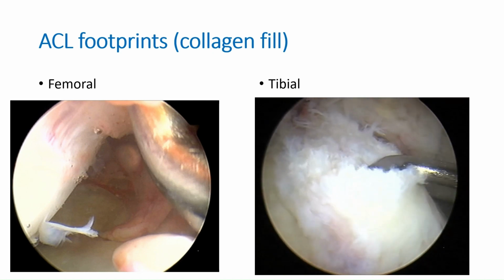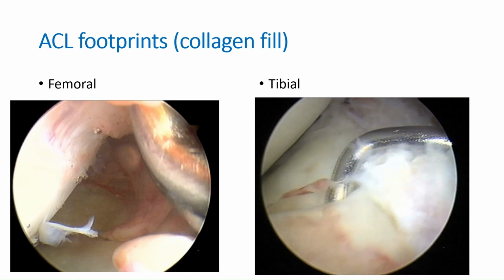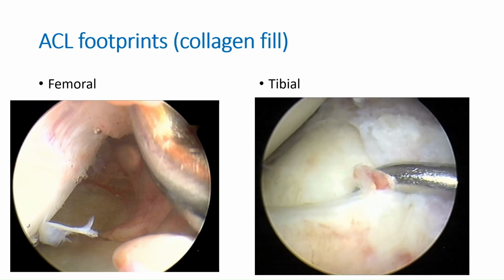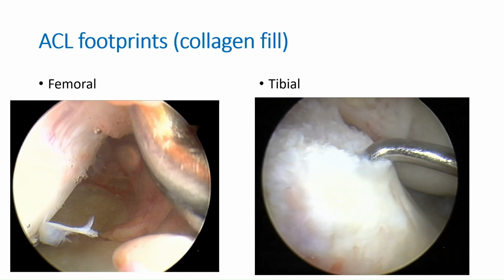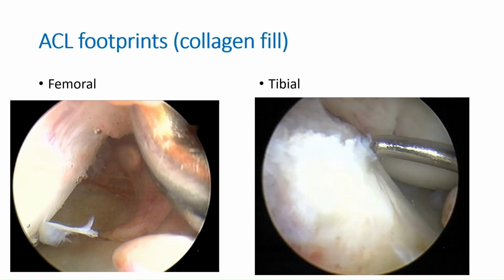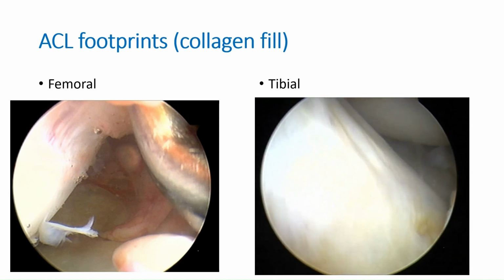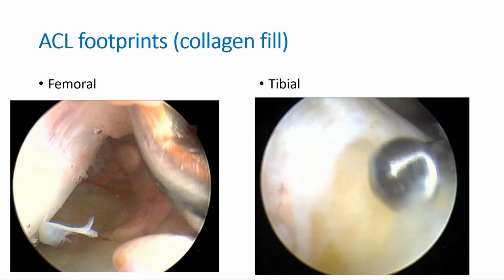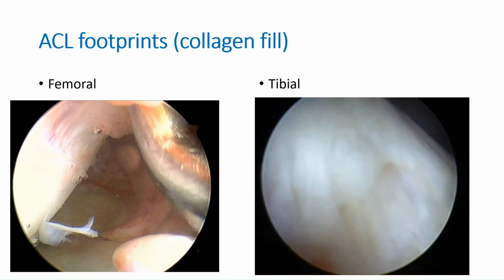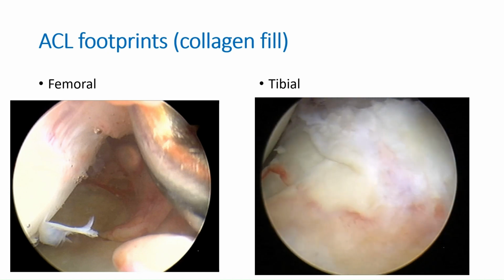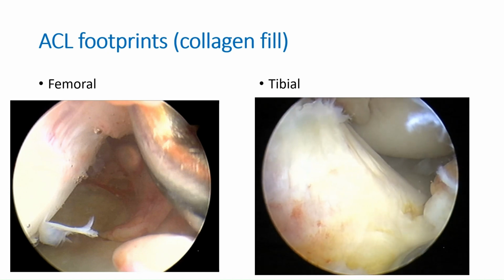And this is the tibial attachment of the ACL. It's a large collagen fill area. This is the posterior edge of the anterior horn of the lateral meniscus. This whole area is a large tibial footprint that you can never fill with a rounded ACL graft, and it extends so far anteriorly that it goes even under the intermeniscal ligament to reach up to the anterior limit of the tibial plateau.